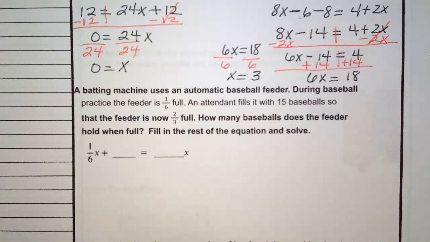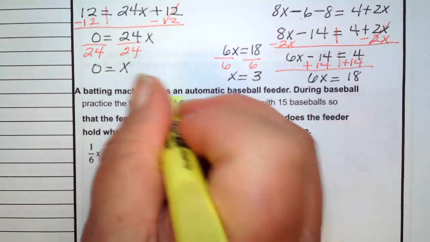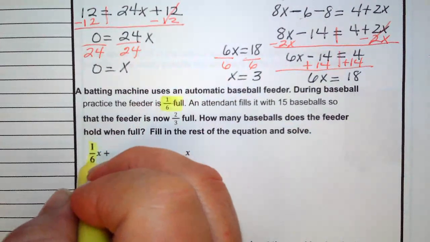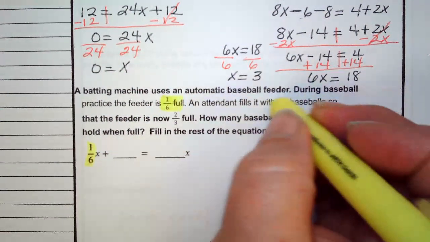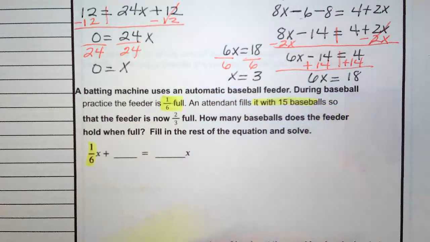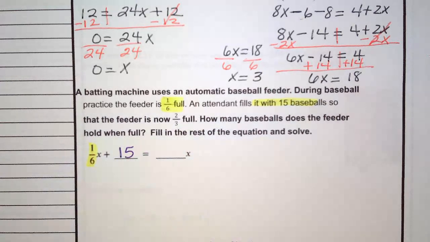So we're starting off with that 1/6 full. Okay, this is where that 1/6 comes from. Then he adds 15 balls. So that would be plus 15. Now, once he does that, what happens?